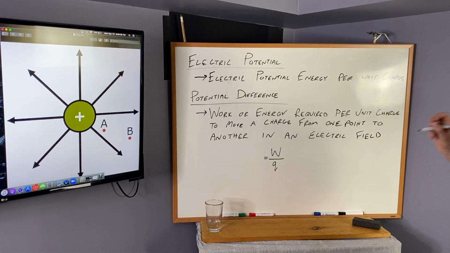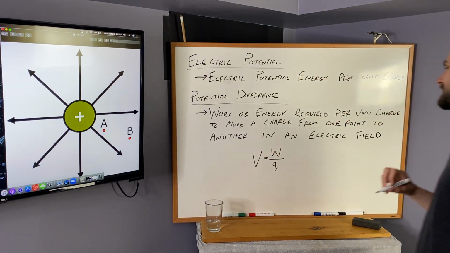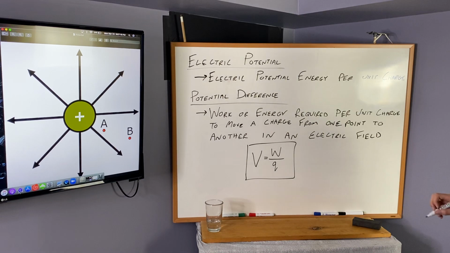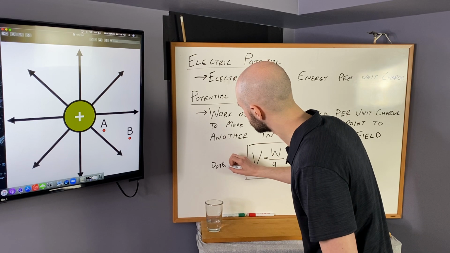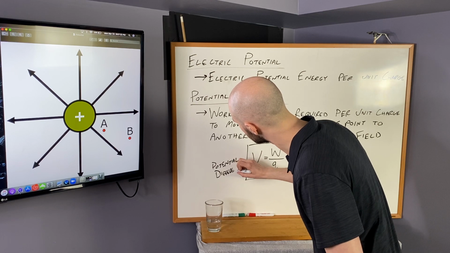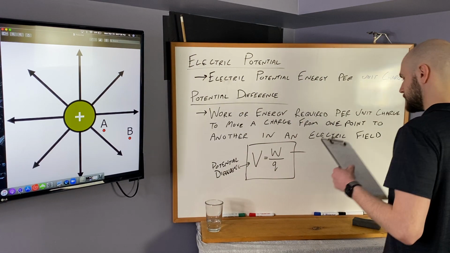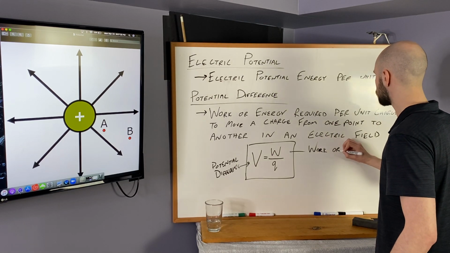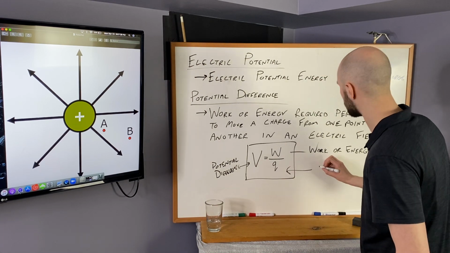And we call this potential difference, the letter we use for potential difference, you guessed it, capital V. This capital V is what we call potential difference, and this is work or energy, and this is charge.